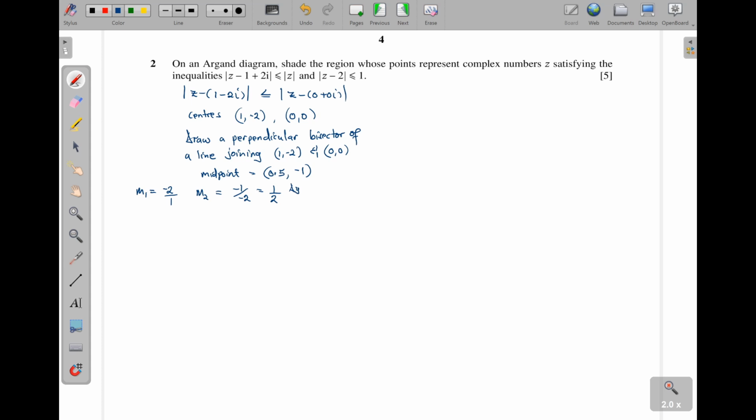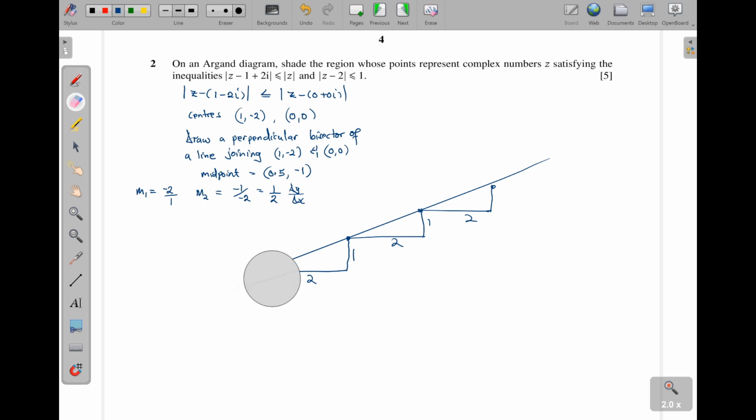Remember I've used this one because for perpendicular lines, M1 times M2 is equal to negative 1. So this is the change in y over the change in x. So if I have a point here like this one, then I'm going to move 2 units in the x and then 1 unit in the y. So I find a point, 2 units, then 1 point, 2 units, then 1 point. That is how you find a line and then you draw it, okay.